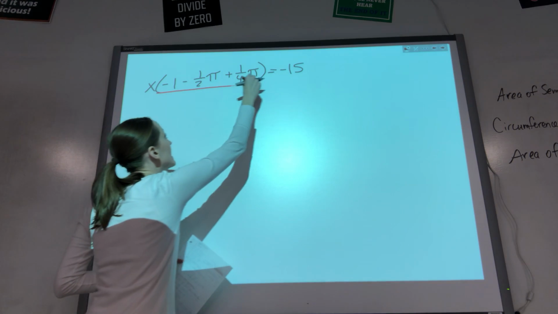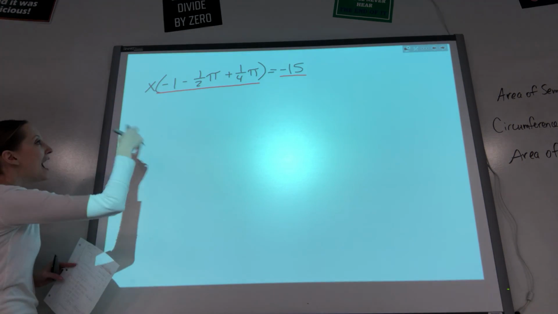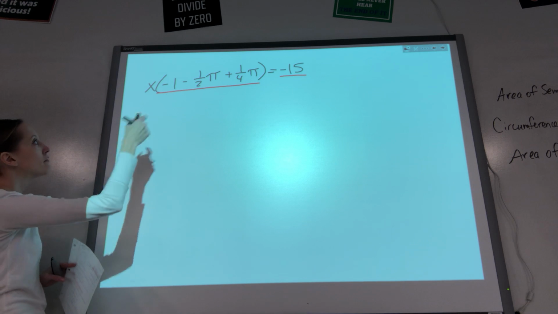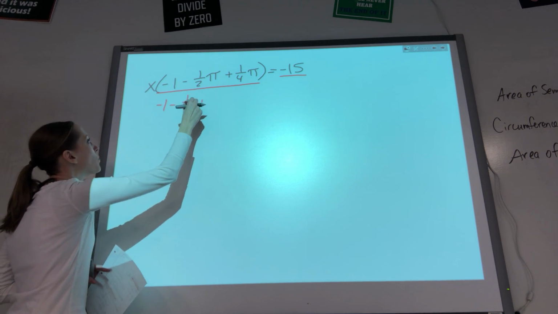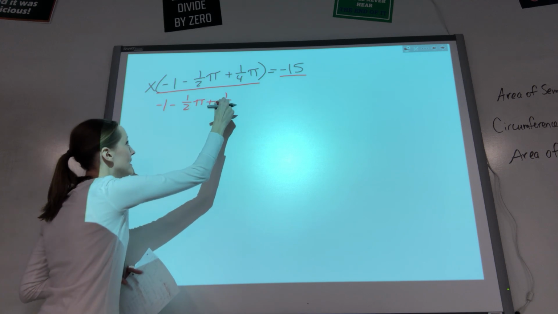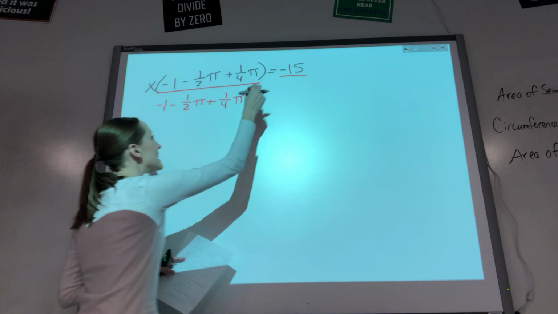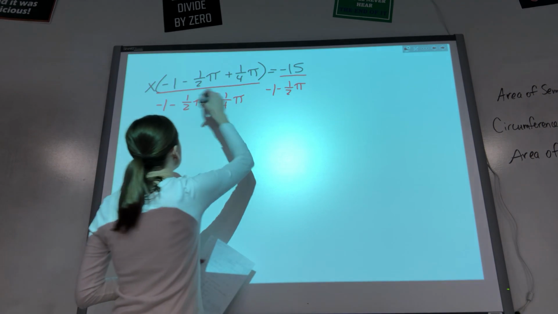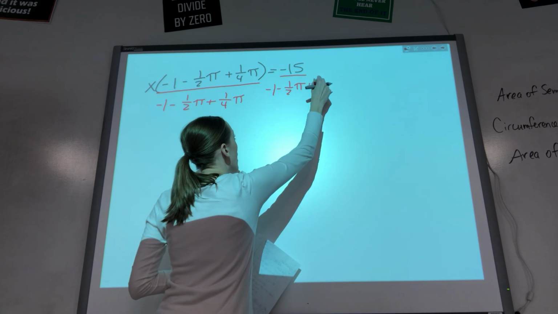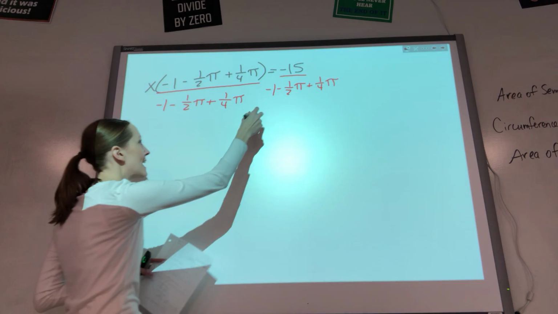So to get x by itself, I need to go through and divide everything by -1 minus 1/2 pi plus 1/4 pi. That seems weird, but all of these terms on bottom are numbers. I don't know what they are, but I'm going to find out.